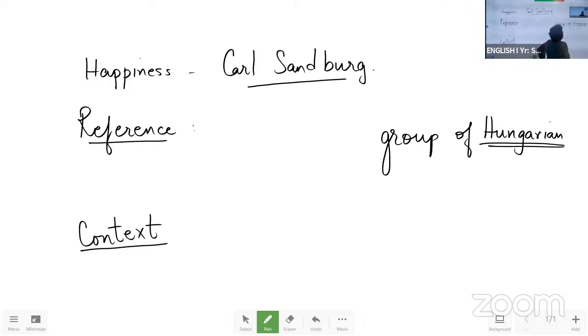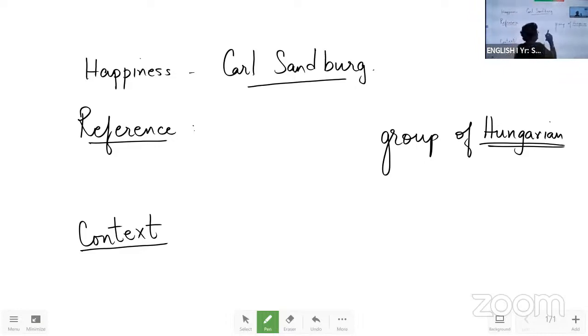Why does he? See, children, when you read the poem, you should understand the background. They are foreign poets, so their tradition, culture is different from us. They will not talk about India or anything. They will talk about their country.